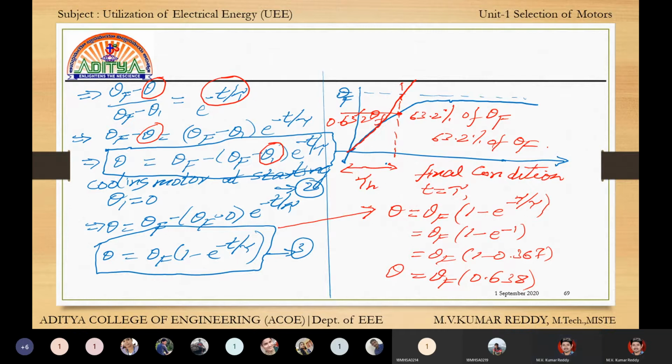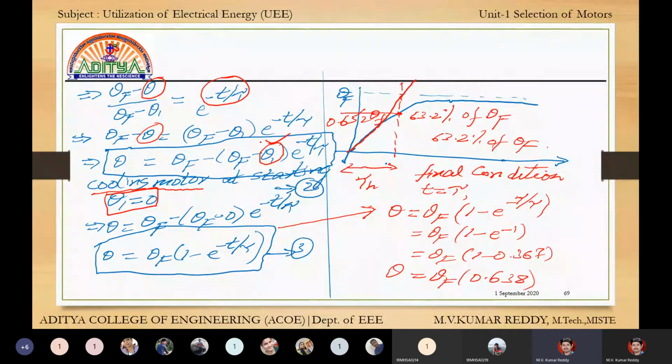If the motor starts with cooling, that is absolutely zero, then θ1 is equal to 0.